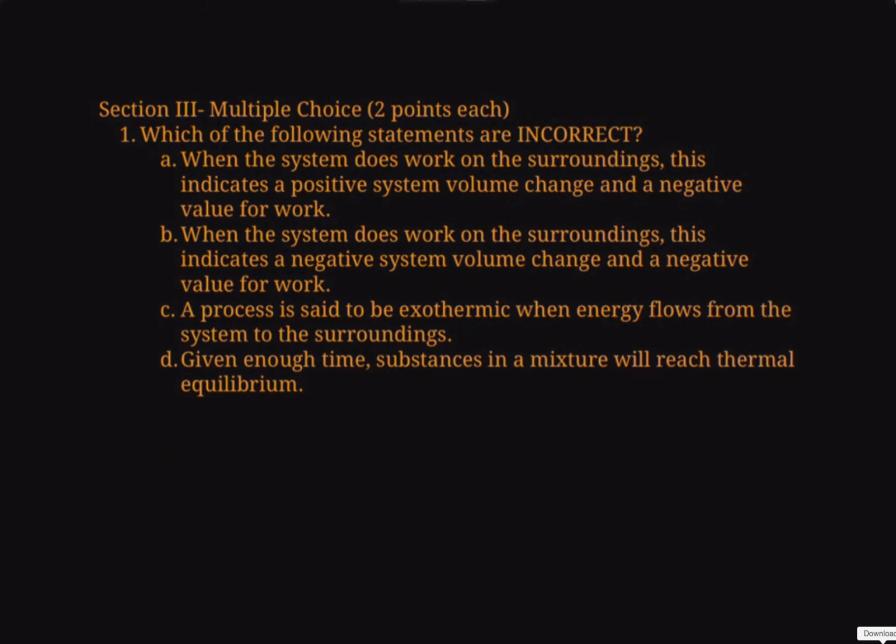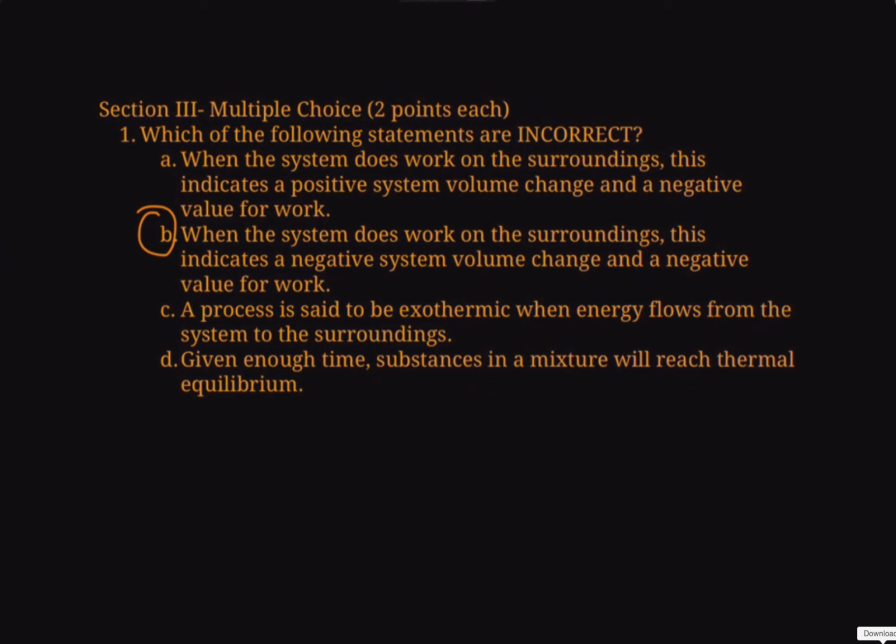Okay, which of the following statements is incorrect? You can read these, I'm not going to read them to you. The one that is incorrect is the second one here. When the system does work on the surroundings, the work that the system is doing is pushing on the surroundings. When you push on the surroundings, you are expanding.